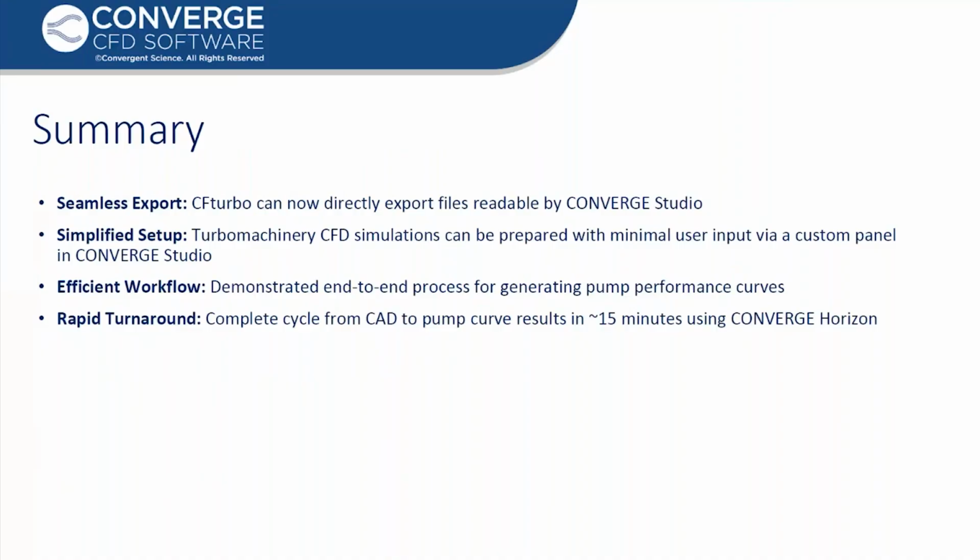From CFturbo files, we created multiple case setups and ran them to generate all the pump curves. It was pretty fast: it took only 15 minutes to get from CAD to the results, and it only cost around $6.